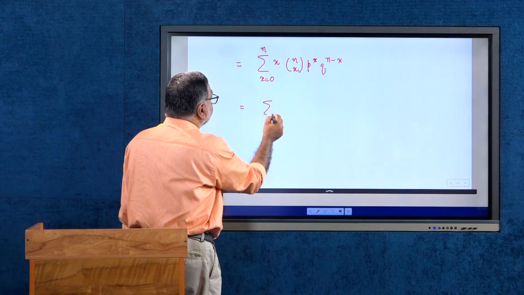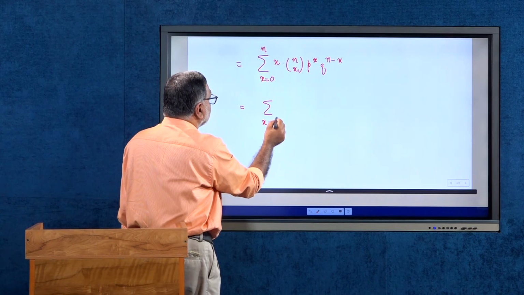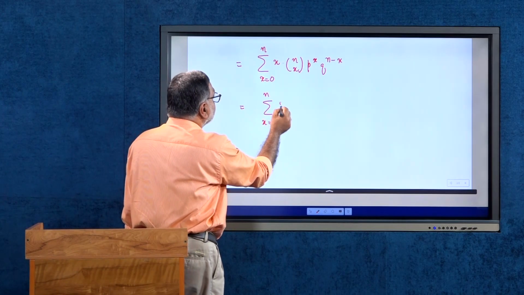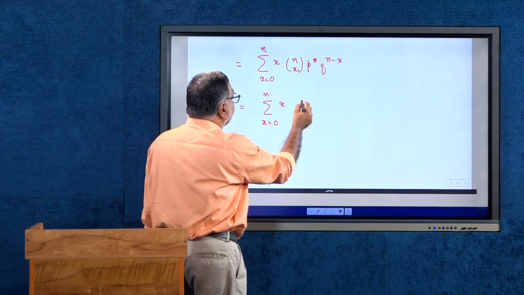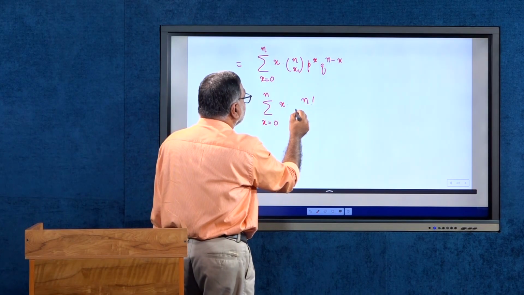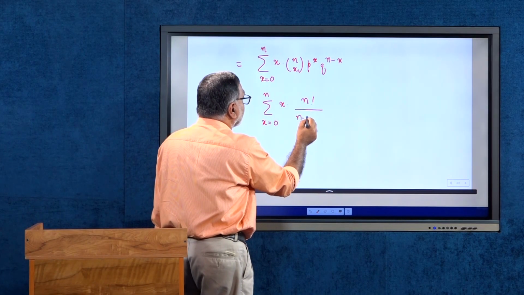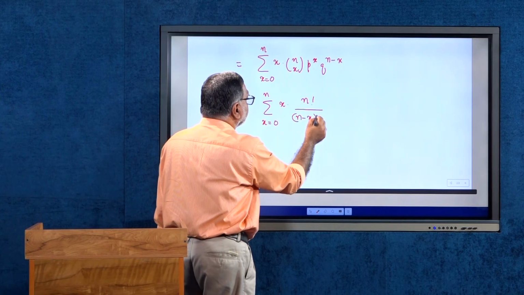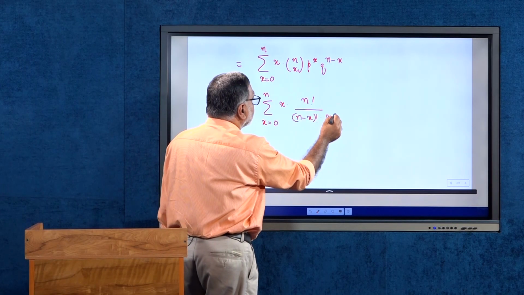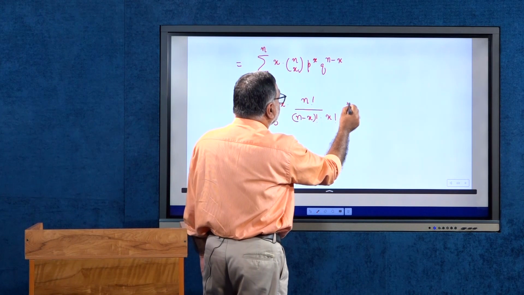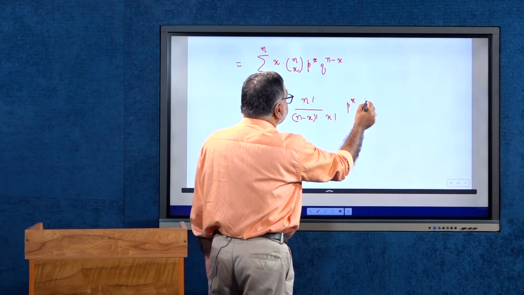This is the same as sigma x equal to 0 to n of x into n factorial divided by (n-x) factorial into x factorial, p^x q^(n-x).